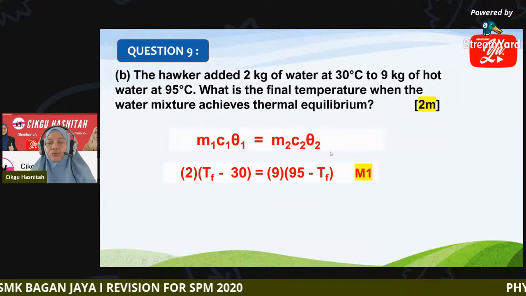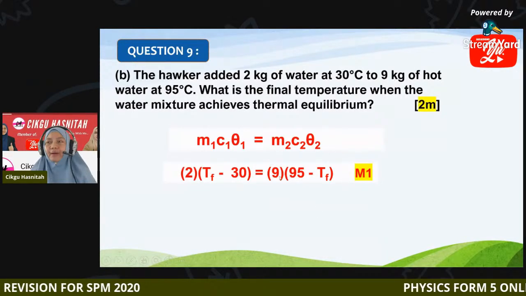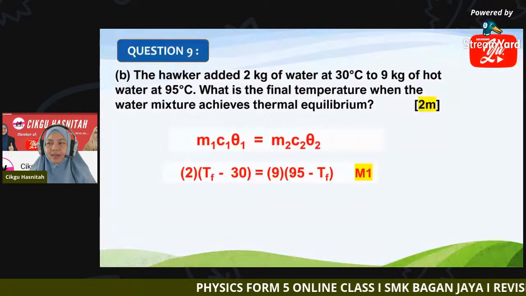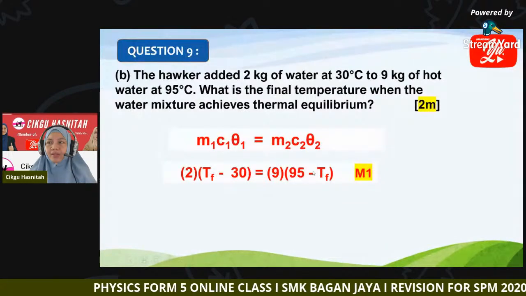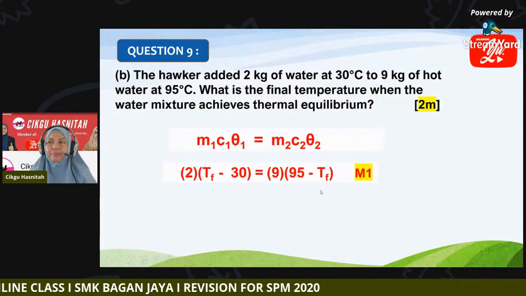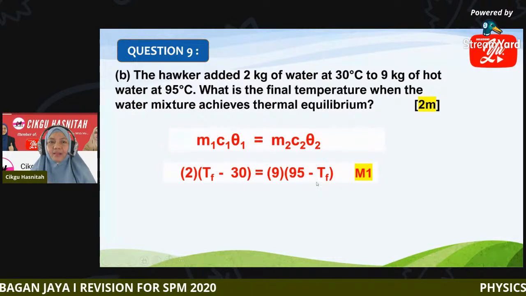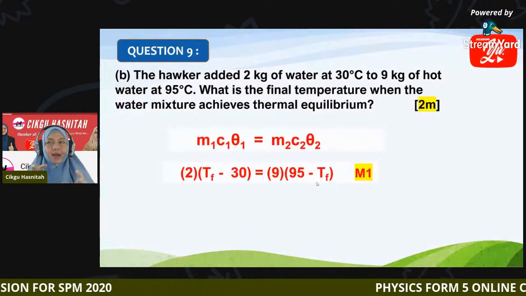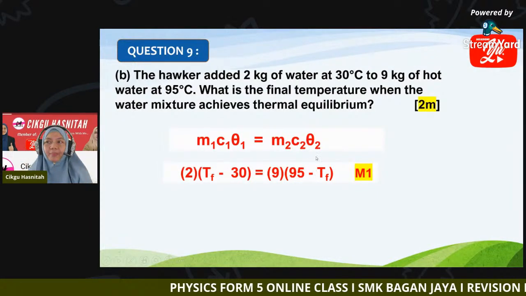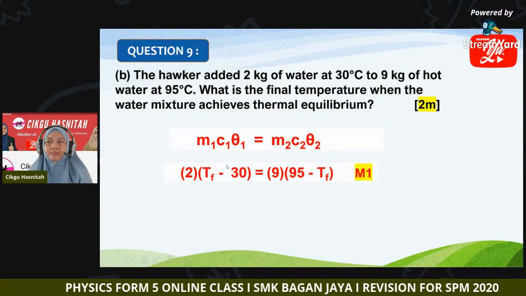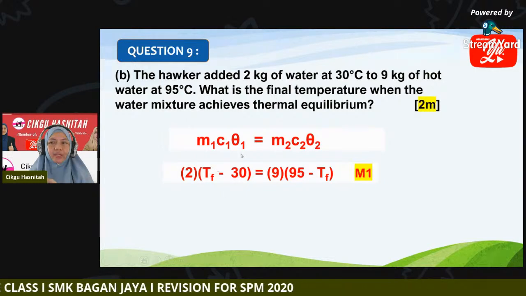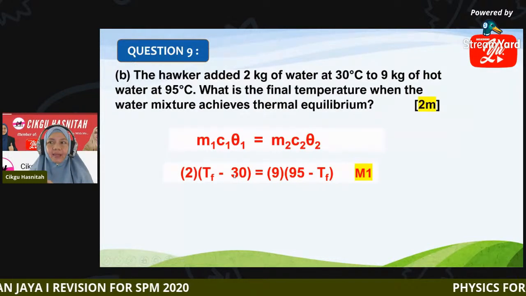On the right side, this is the mass for the hot water, 9 kg, initial temperature 95, final temperature Tf. The temperature drops from 95 to Tf, so this is the temperature change. For the cold water, the final temperature will be higher, so the temperature change is Tf minus 30.